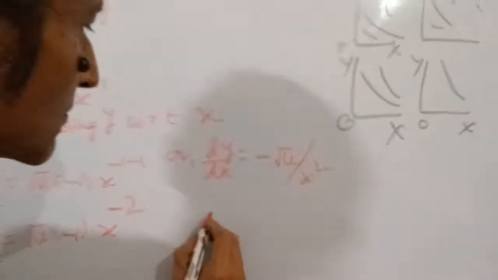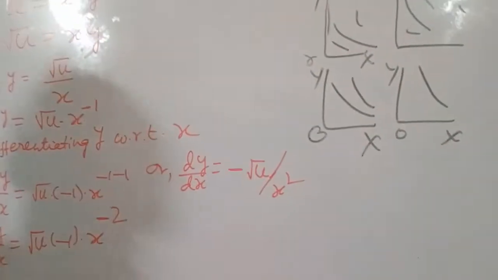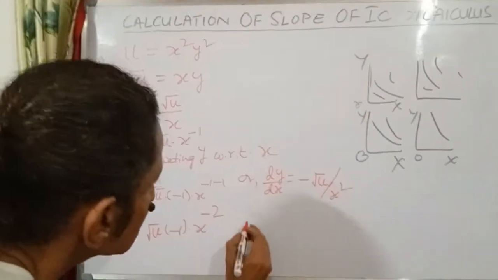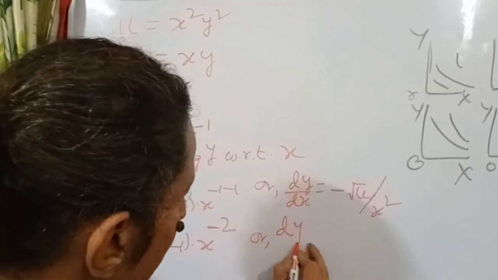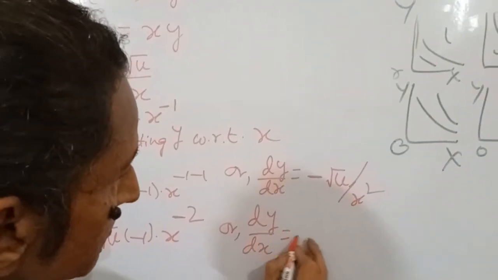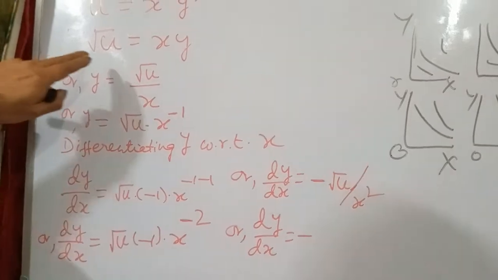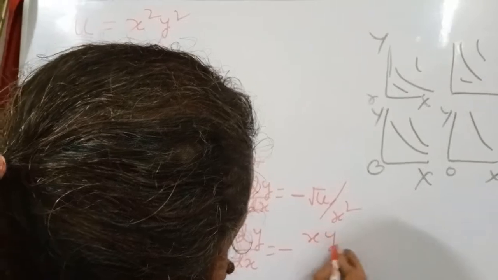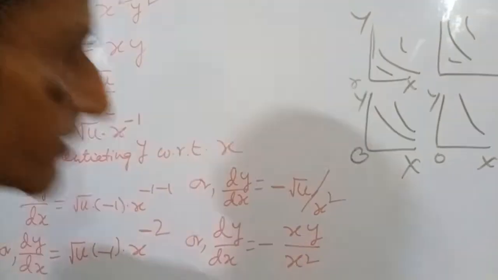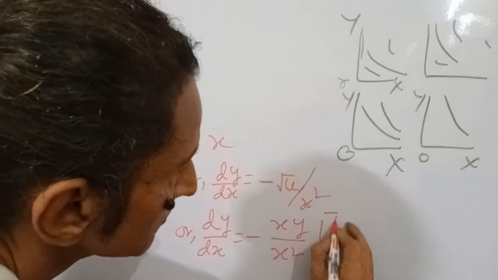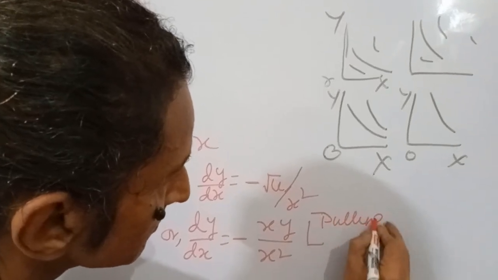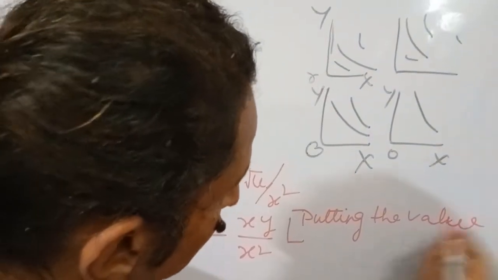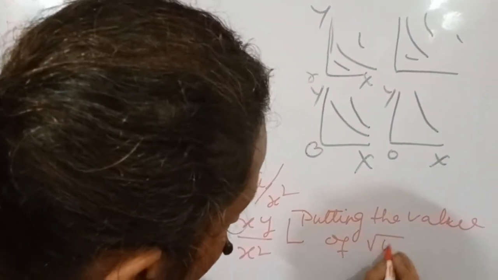Now we are putting the value of root u here, or dy by dx is equal to minus root over u, which is xy, divided by x square. Putting the value of root over u.